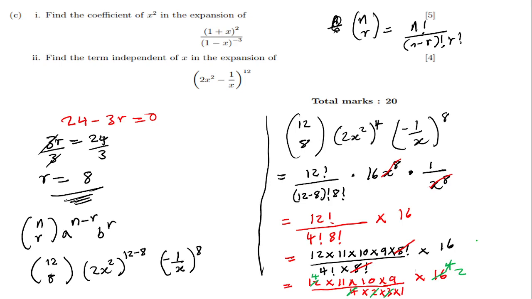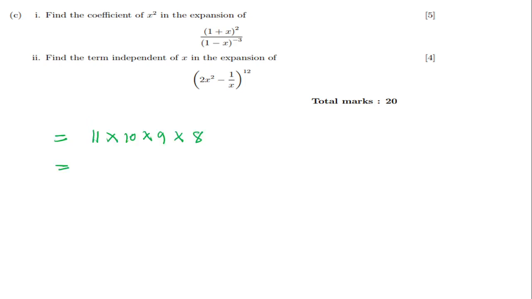So this is what I have. So when I have something like this, because of time, I need to be a little bit smart. So I can say 9 times 8. 9 times 8 is just 72, isn't it?